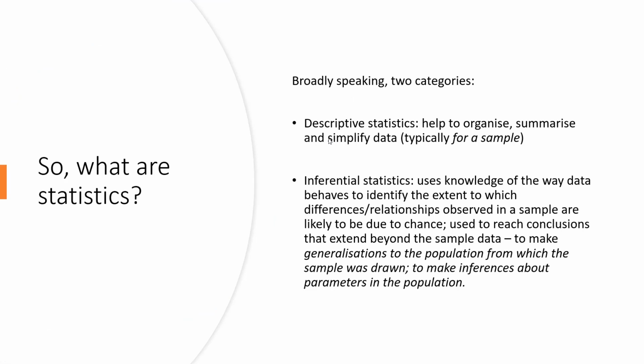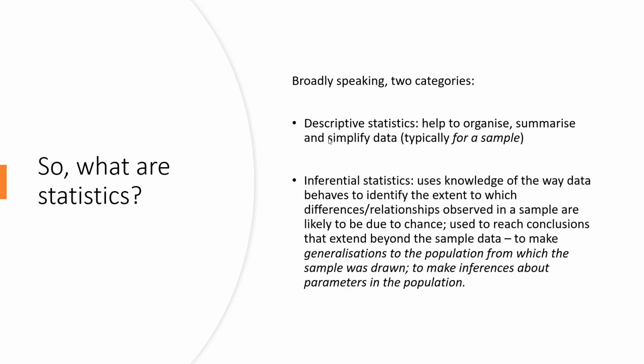Broadly speaking, there are two types of statistic. There are descriptive statistics, and these are really fundamental. They help us to, as I said, organize, summarize and simplify data. When we're talking about descriptive statistics, we're usually talking about the information of our sample.